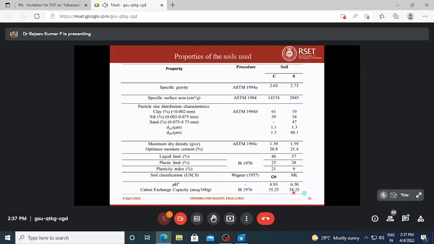You can see the pH value: one is 8.93, and another one is 6.5, the local silt, almost in the neutral state. But the kaolinite is slightly on the alkaline side.